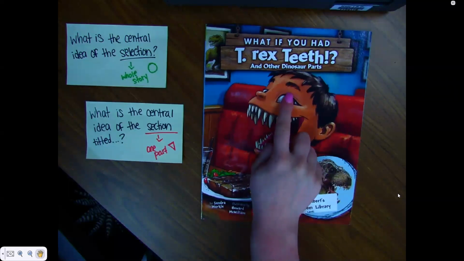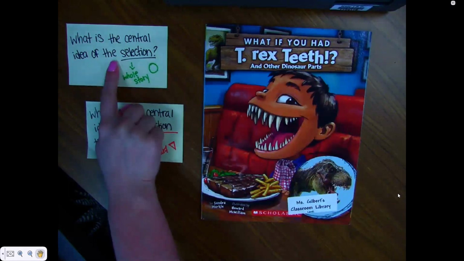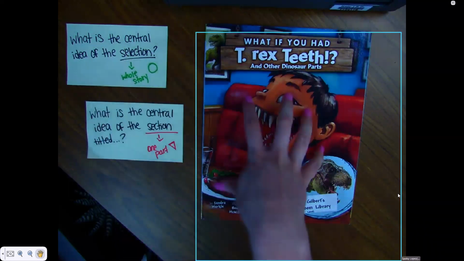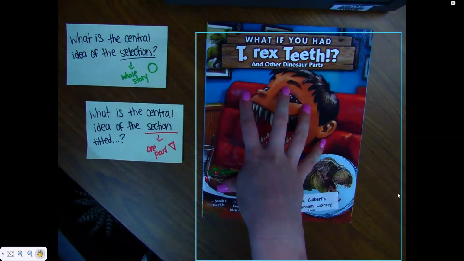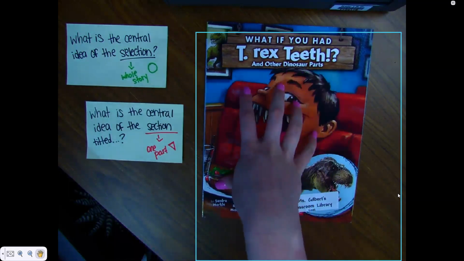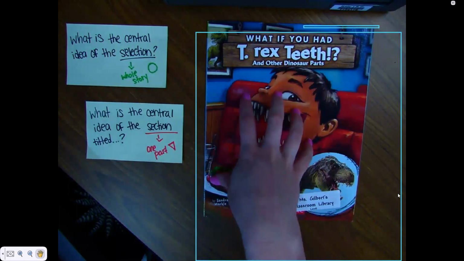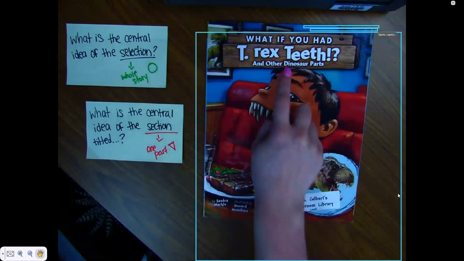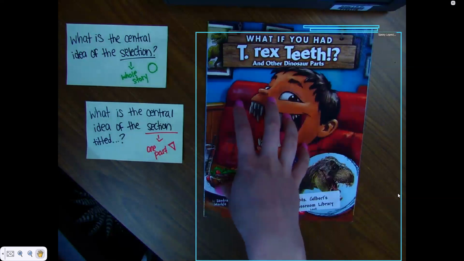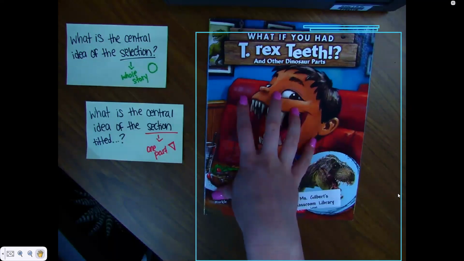Well, if I asked you what the central idea of the selection is, I want to know the whole book. This whole book is about you having different dinosaur parts, and it's telling me about those different dinosaur parts.